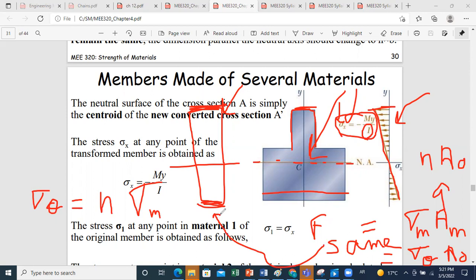So this is the method, as simple as that. Whenever you have a compound beam, the first step will be to modify your cross section. For the modified cross section, you can perform the same analysis we have done before, and you should pay attention, when calculating stresses on your composite beams, that sigma original is n times sigma modified.